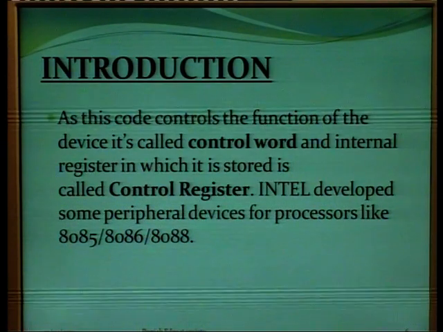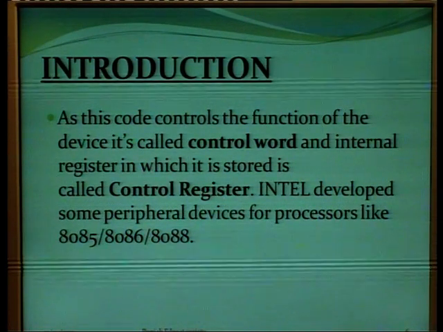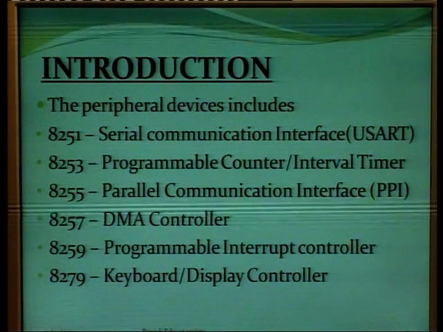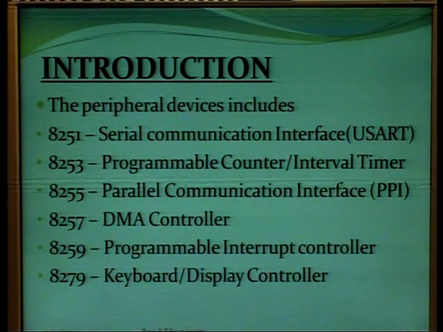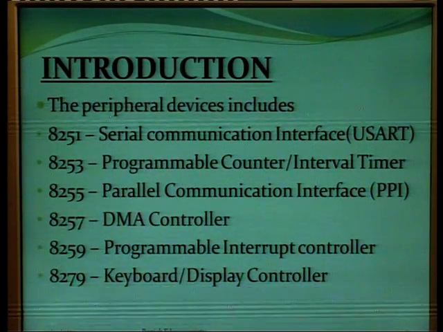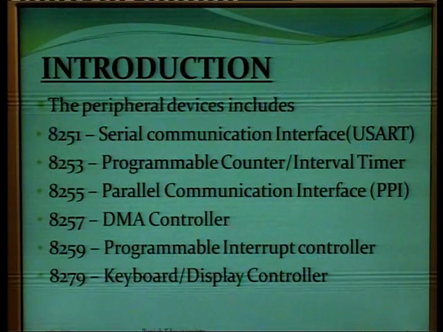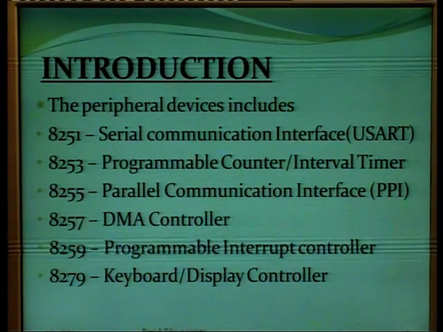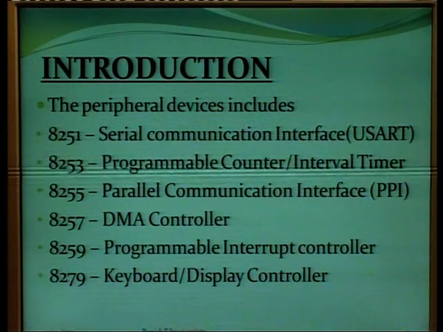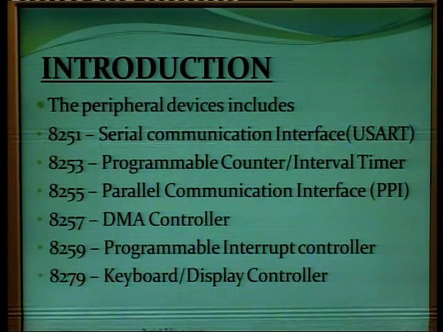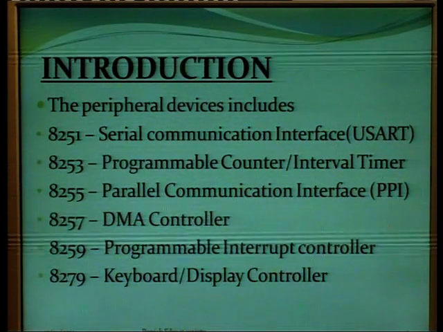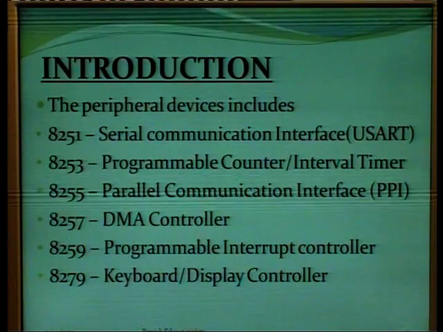Intel developed some peripheral devices for processors like 8085, 8086, etc. Some of the peripheral devices which are used for microprocessor 8085 are 8251, the serial communication interface, also known as the USART. 8253, programmable counter interval timer. 8255, parallel communication interface or programmable peripheral interface.